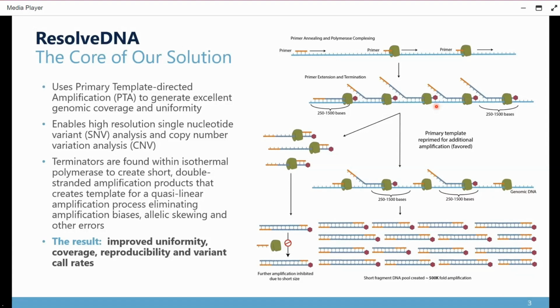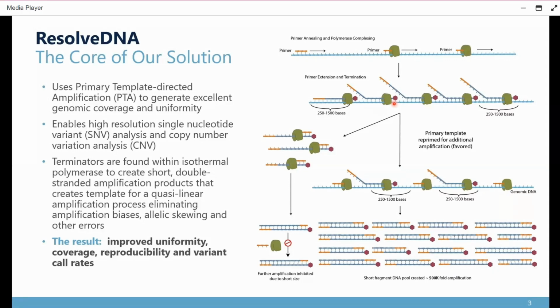These terminator molecules terminate the random primers after a short period of extension, normally between 250 and 1500 bases. This termination then enables the extension of the next random primer and termination of that next random primer. And it continues doing that until the reaction is complete.